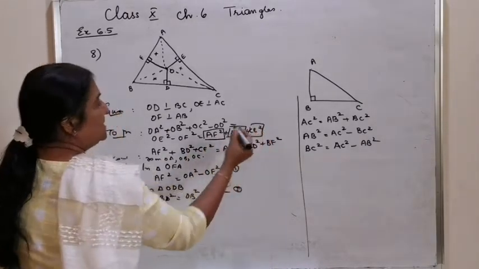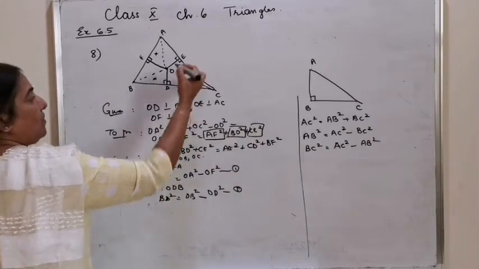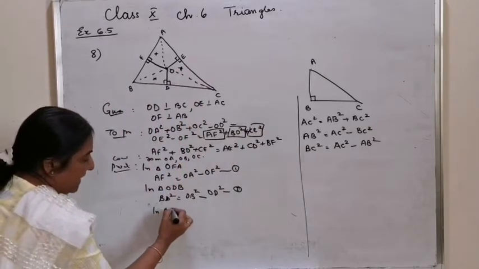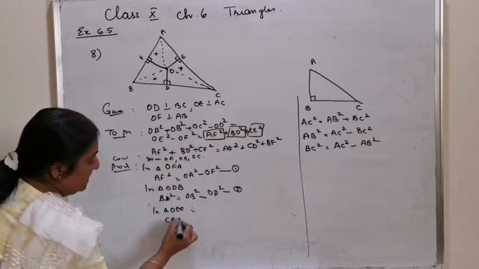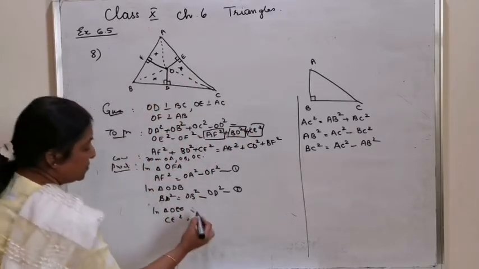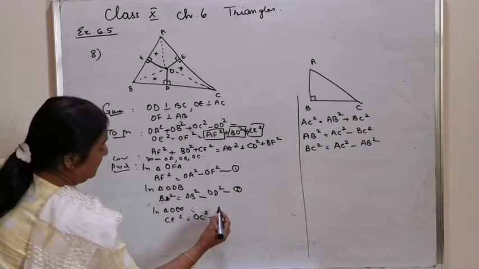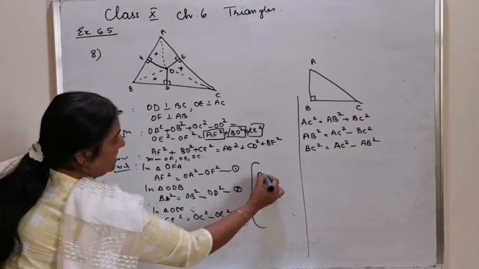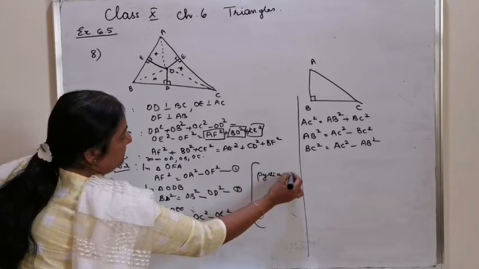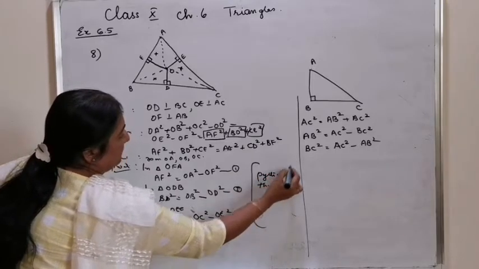Similarly, for CE square, the triangle OEC. In triangle OEC, CE square is equal to hypotenuse OC square minus altitude OE square. Equation number 3, all these three results from Pythagoras theorem.